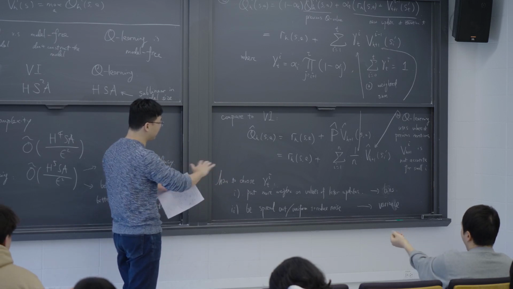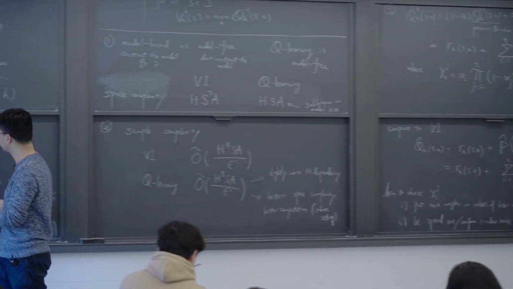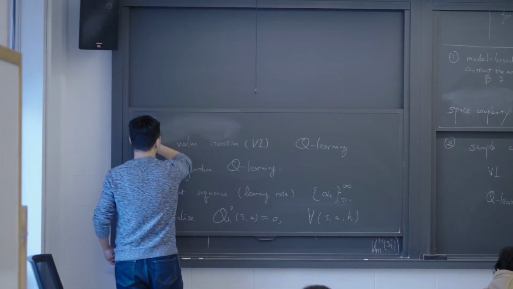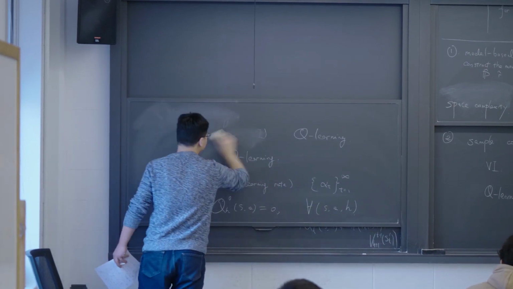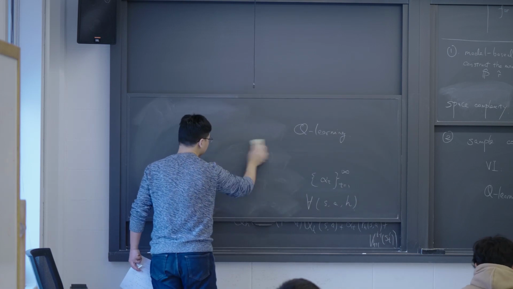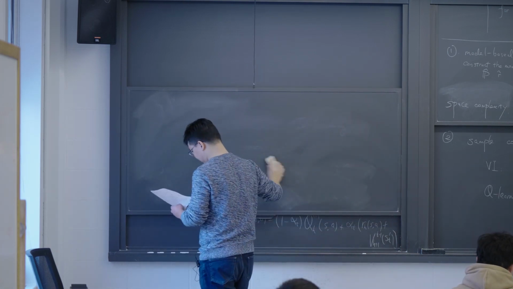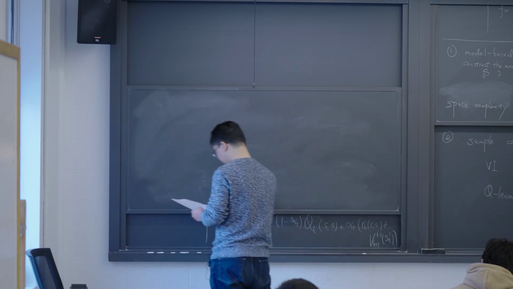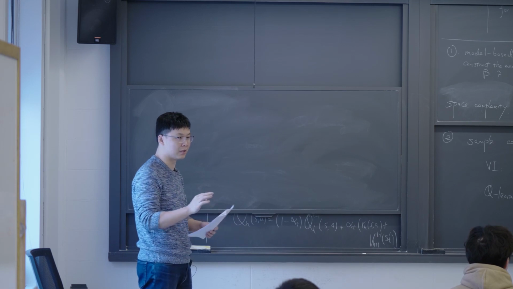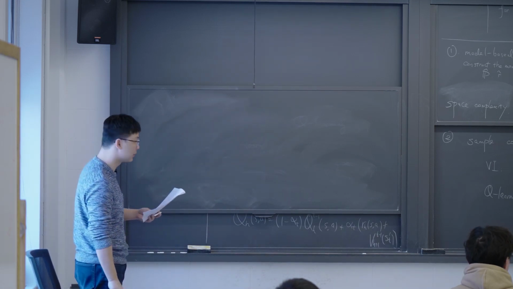So we should still make it relatively spread out. Any question about this bias-variance trade-off principle in this Q-learning part?